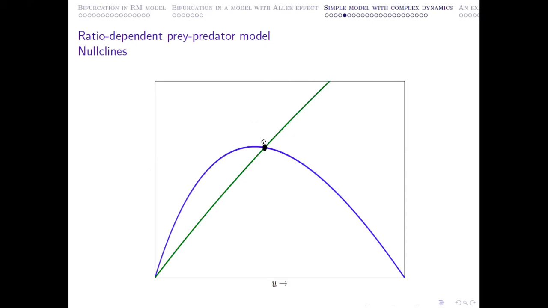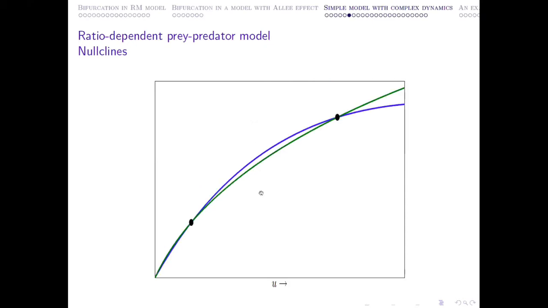There is one point of intersection, but in a particular situation, you can choose the parameter values in such a way that apart from the origin, these two curves intersect each other at two different points. And how can it happen? So one possibility is that these two equilibrium points coincide and disappear.